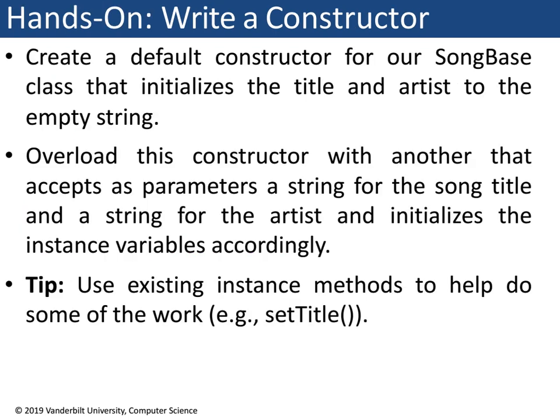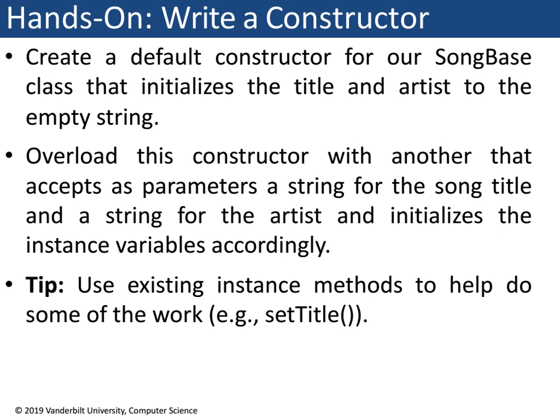So now let's go back to our song base class and write a constructor, a default constructor, that will initialize the title and artist to be empty strings. Right? Because the default constructor that Java generates automatically is going to assign our string objects for title and artist the null pointer, right?